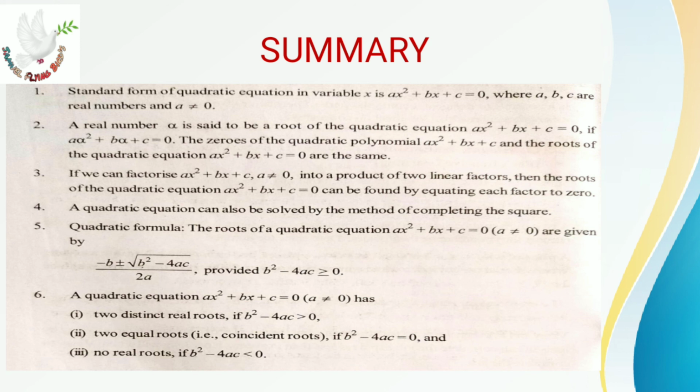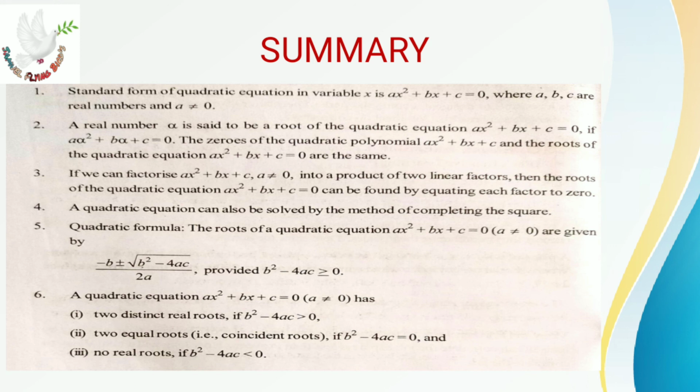In the sixth case, we have considered the cases based on the discriminant of the quadratic equation. If b square minus 4ac is greater than 0, we get two distinct real roots. If b square minus 4ac is equal to 0, we get two equal roots, and if b square minus 4ac is less than 0, there are no real roots.